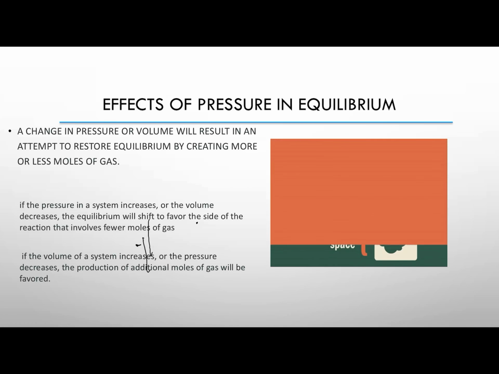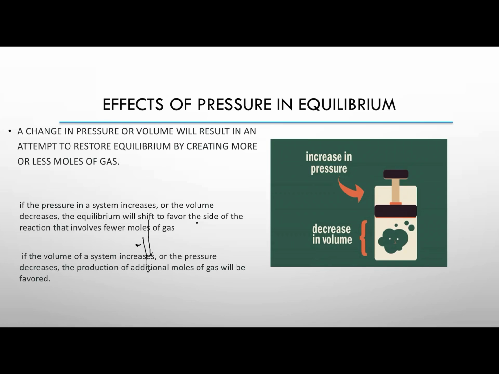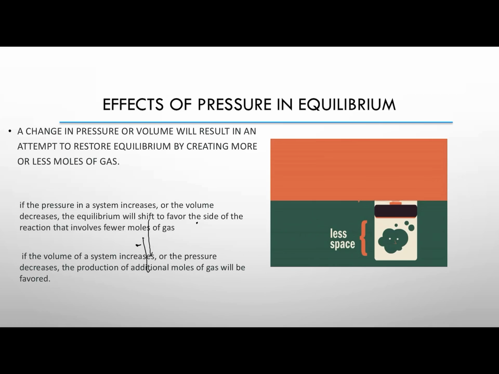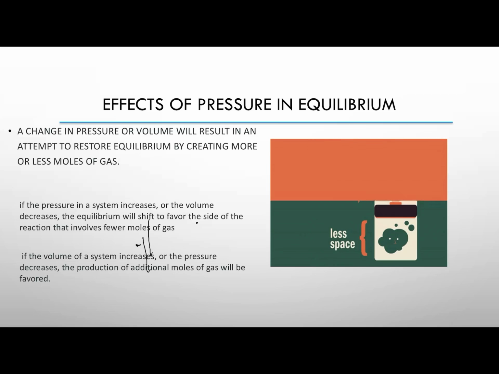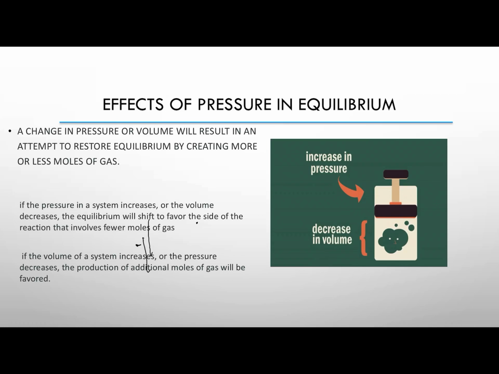And if the volume of the system increases or the pressure decreases, the production of additional moles of gas will be favored. In a simple way, we can say that if in a reaction there is a decrease in volume, the increase in pressure will shift the equilibrium in the forward direction, and vice versa.